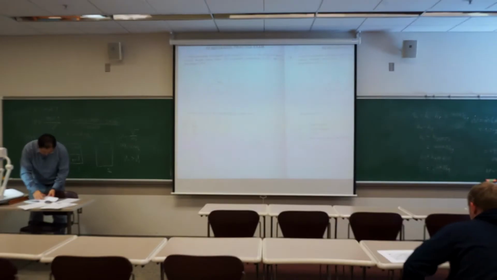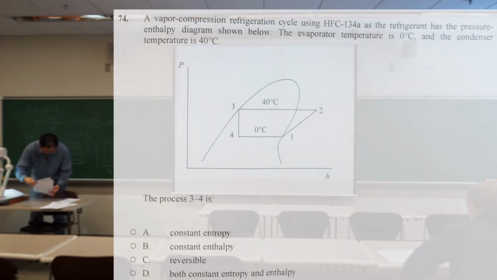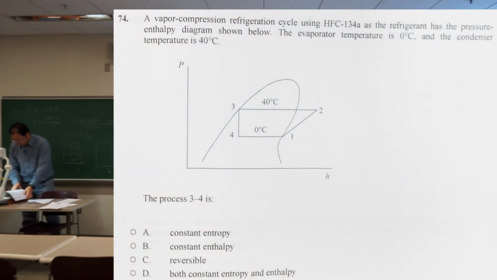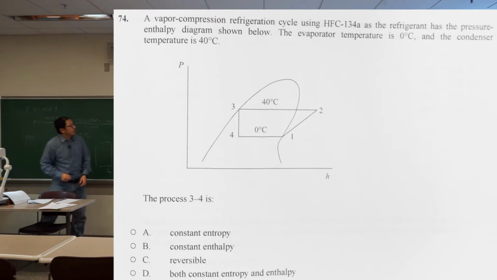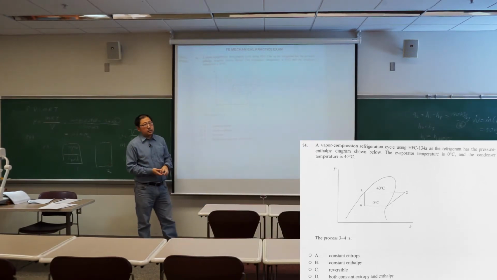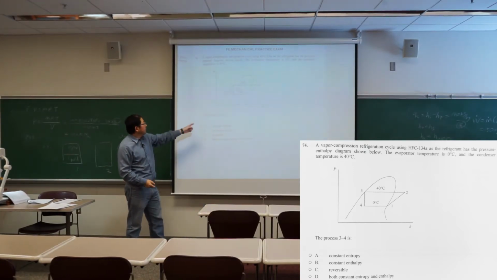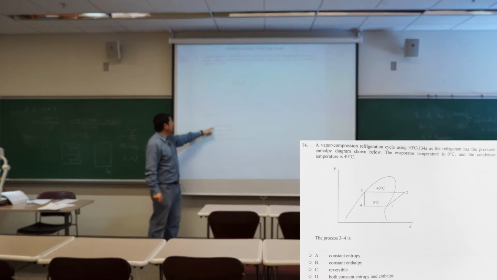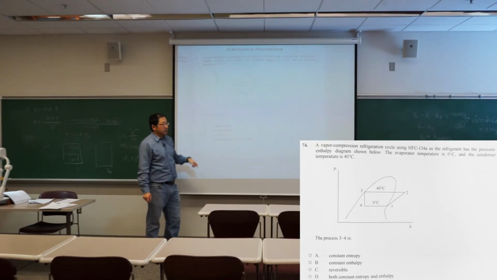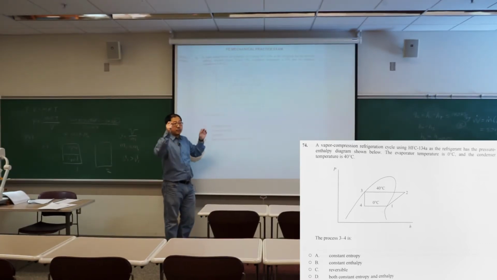The next one is 74. And this one basically keeps on asking about 3 to 4. So it feels like the process through the expansion valve, 3 to 4 is the expansion valve, is very important. It's asking for process 3 to 4, B, constant enthalpy, because H3 equals H4, enthalpy does not change.